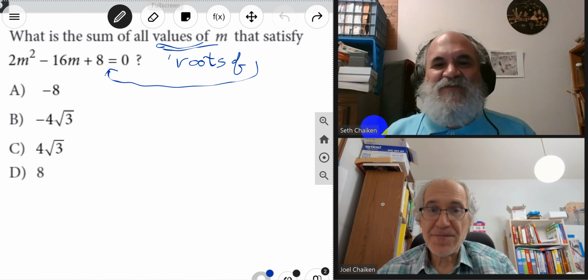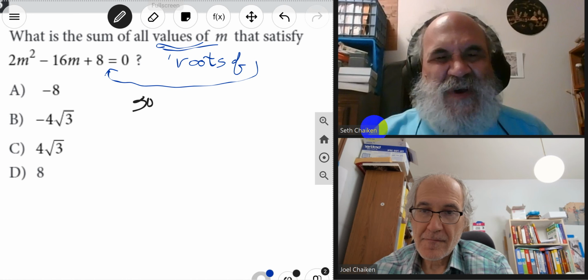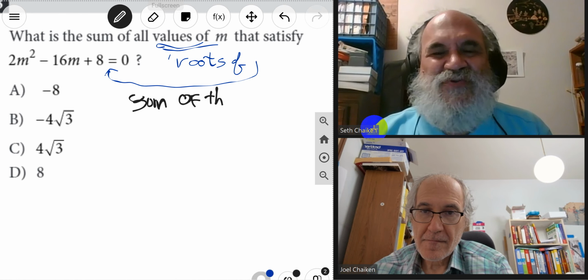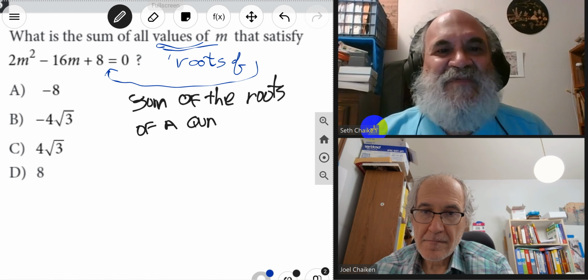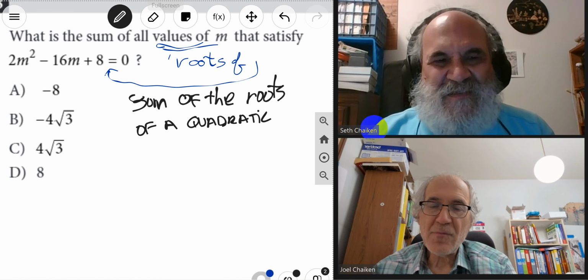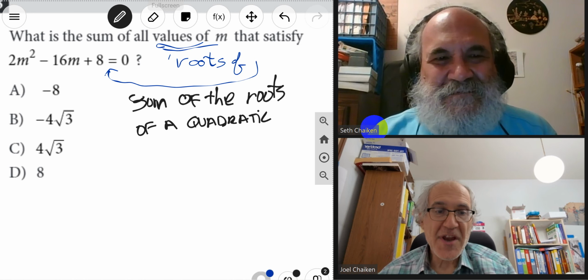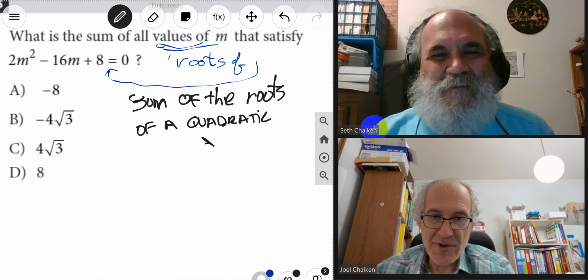Now you might know how to do it in terms of having learned the sum of the roots, or in terms of the sum of the values that satisfy the equation. Most people will know the sum of the roots of a quadratic equation. That's the way most people learn it.